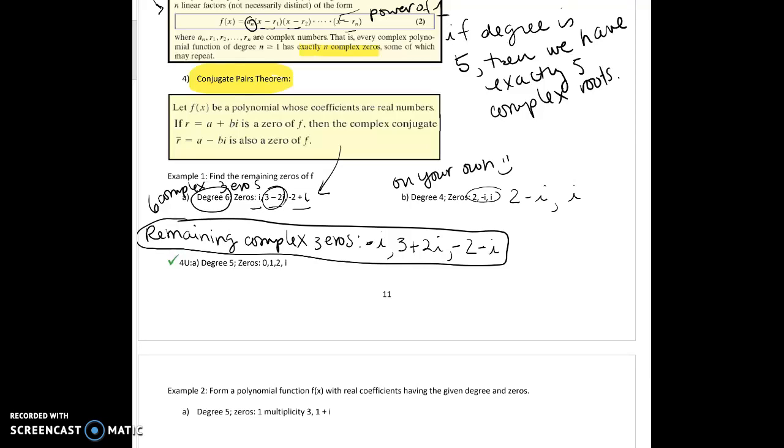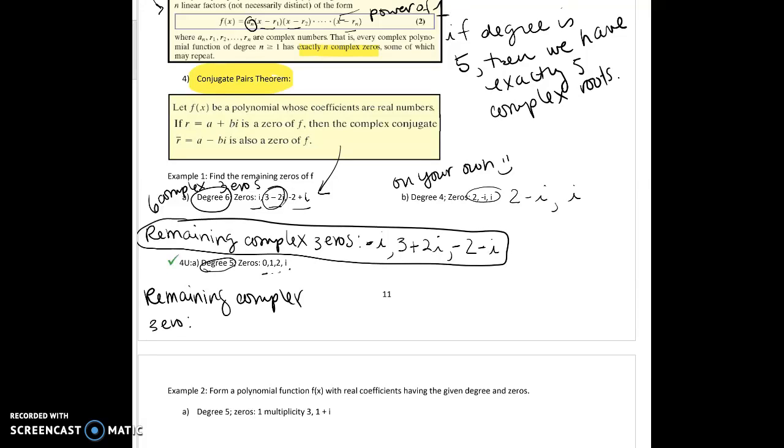I'm going to work this one out with you because this one's slightly different. So next year, I'm probably going to change B to a check for understanding. So let's do check for understanding together. You have a degree of 5, meaning that you should have 5 complex roots or zeros. They give you 4. That means you have one remaining complex zero. There should be 1, okay?